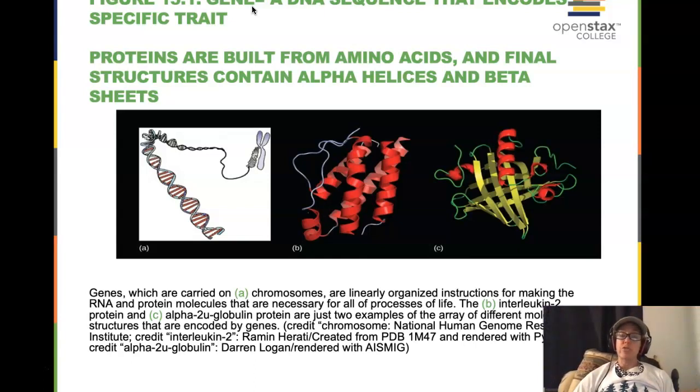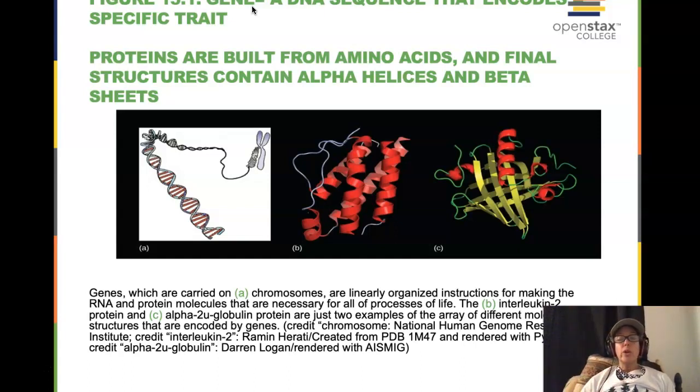The tertiary structure is an interaction between those localized regions of secondary structure, and the tertiary structure is held together by covalent bonds. Those would be disulfide bonds between cysteine amino acids, hydrogen bonds, van der Waals forces, and ionic bonds. And that 3D structure that results from the tertiary level of structure is the final shape of that polypeptide.